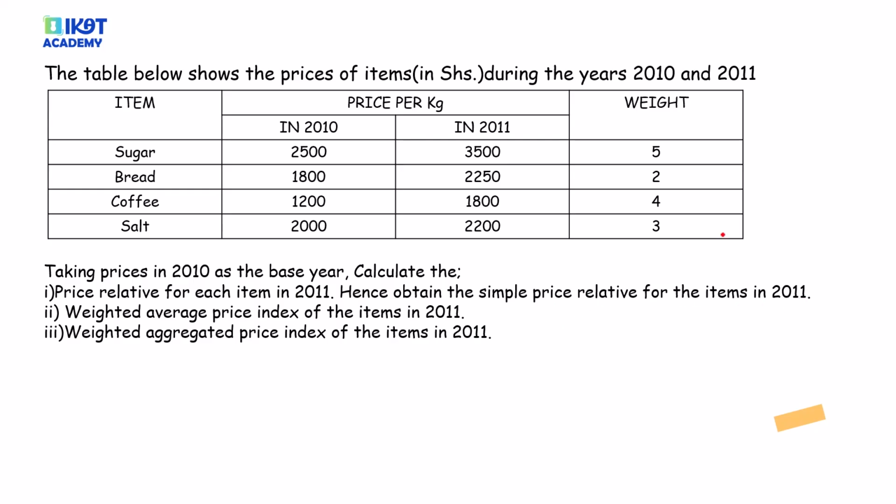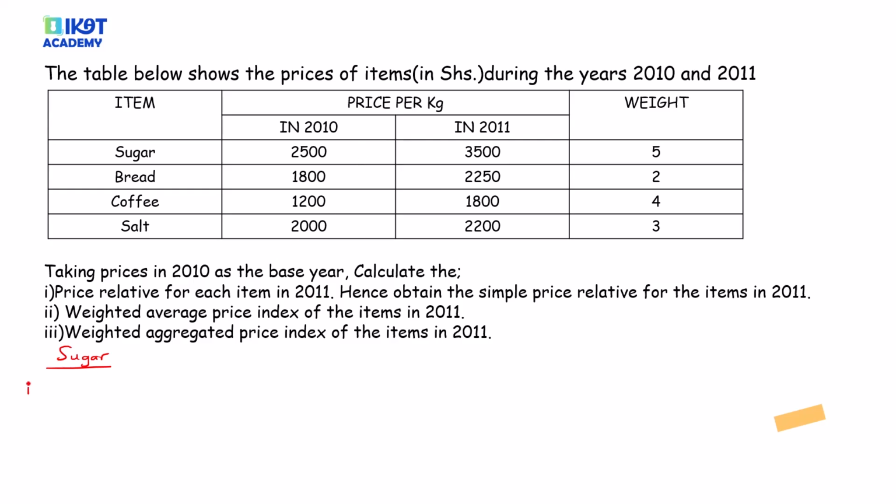Now because this is our first example, I'm going to accept for us to do it the ordinary way. What do I mean? Like where you come and say sugar, then you start quoting. They want us to calculate the price relative for each item in 2011, so you're using 2010 as the base year.